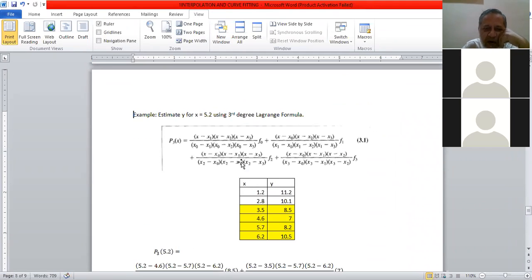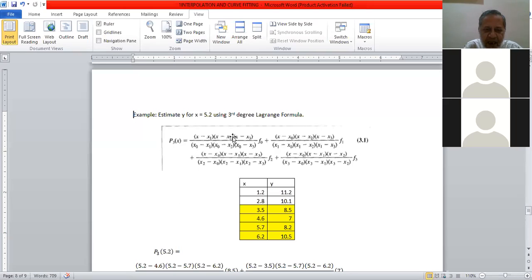But right now, if we are given this data, for example, and we have to use P3, that is the 3rd degree Lagrange formula, to estimate the value of y, or P3, at say 5.2. Now 5.2 is missing from the data, and we use this formula with x equal to 5.2, where we are trying to estimate y.